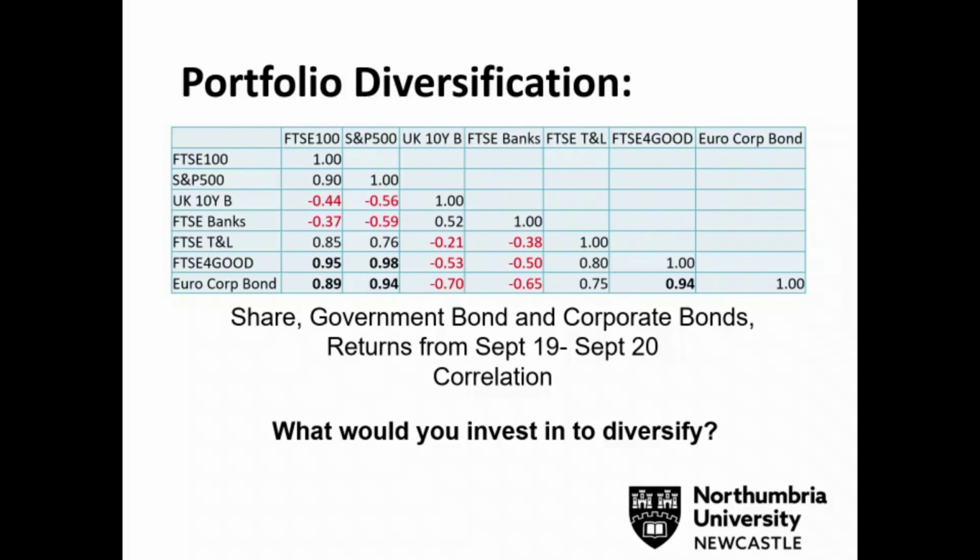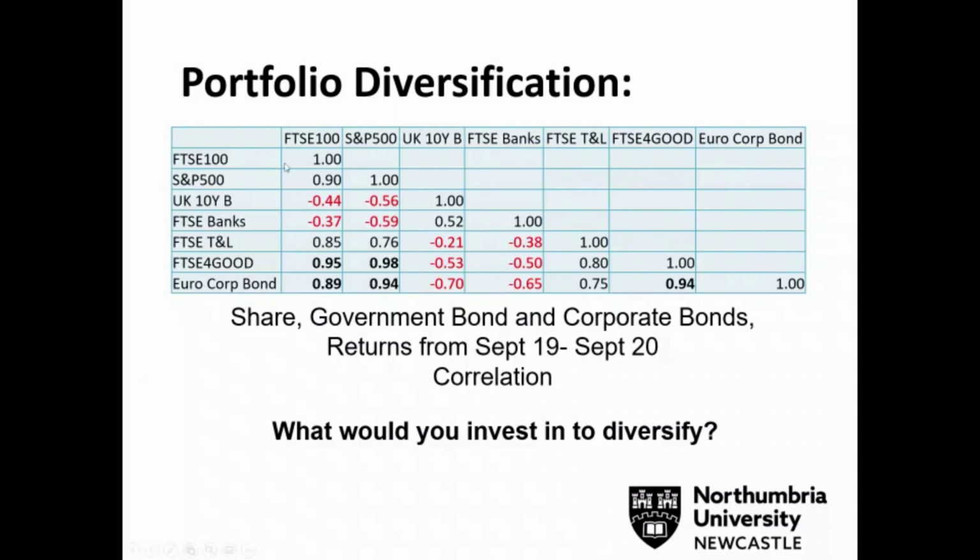So take a moment to stop the lecture recording here and think: if you want to diversify your portfolio by buying a few of these, which ones are you actually going to buy? As we noted before, you're going to potentially buy the more uncorrelated or slightly negatively correlated stocks.